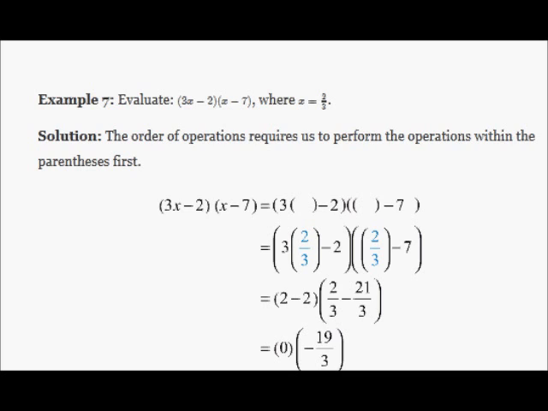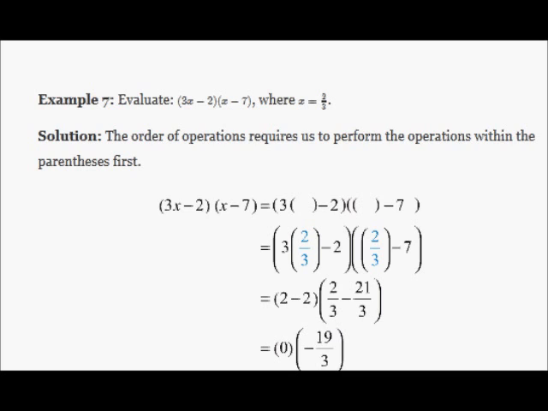So 3x minus 2 is 3 times 2/3, which is x, minus 2. 3 times 2/3 is 6/3, or 2. 2 minus 2 becomes 0, right? So now, if this is 0, and I'm going to multiply 0 times x minus 7, it doesn't really matter what x minus 7 is. 0 times anything makes it 0.